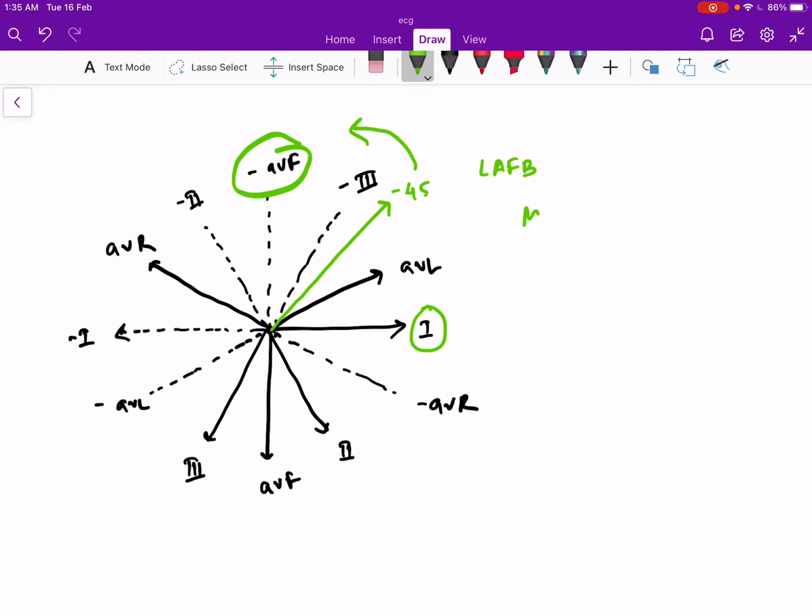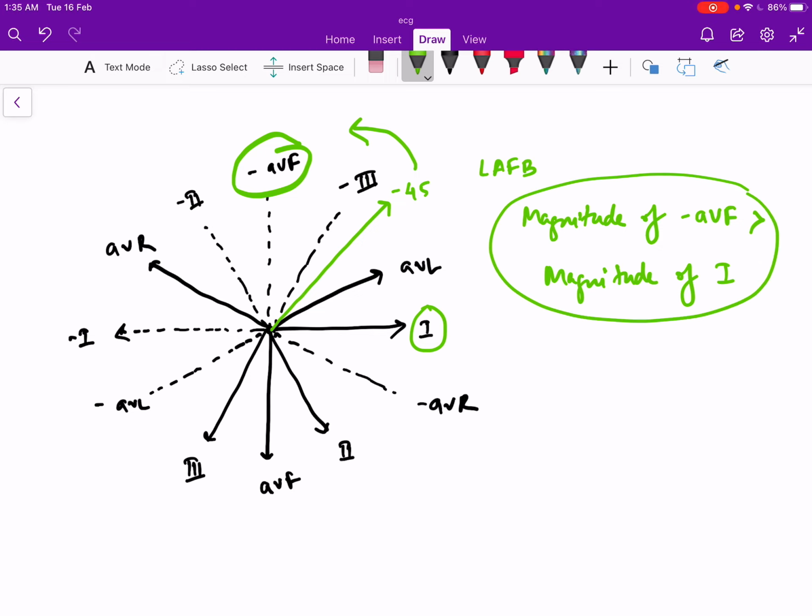If the magnitude of minus AVF is more than the magnitude of lead 1, then the axis will face more towards minus AVF and it will be a case of left anterior fascicular block.